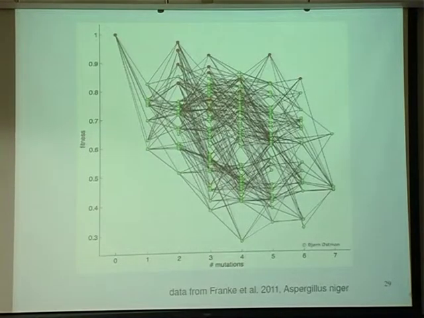Here's a more interesting picture, I think, because this is fairly recent data from Aspergillus. Franke et al. plotted this, so it's a bit hard to get through, but I think we can understand it. Here's fitness relative to some optimum, maximum, wild type.